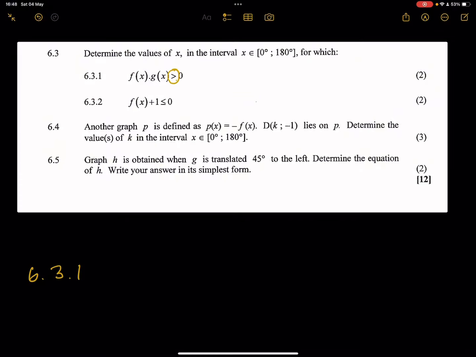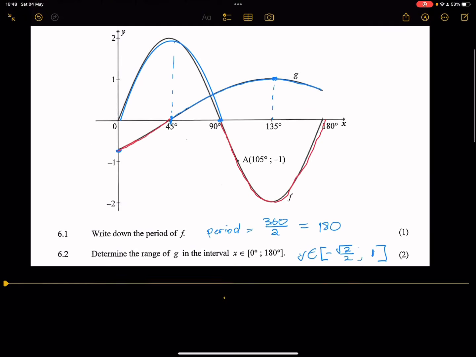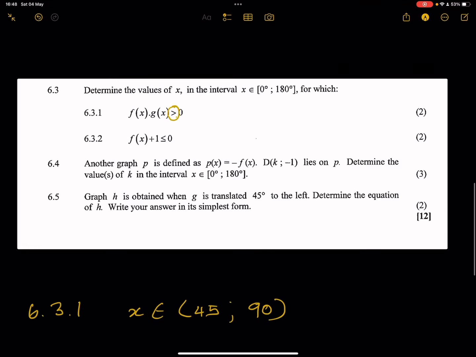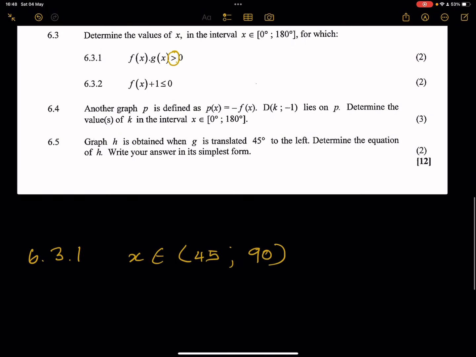So I'll say x is an element of 45 to 90, where 45 is excluded, because one of them becomes 0 there. And 90 is also excluded because they said just greater than. We don't want where they are equal.